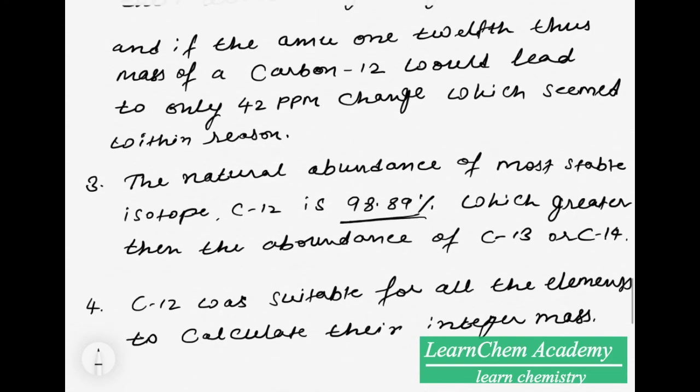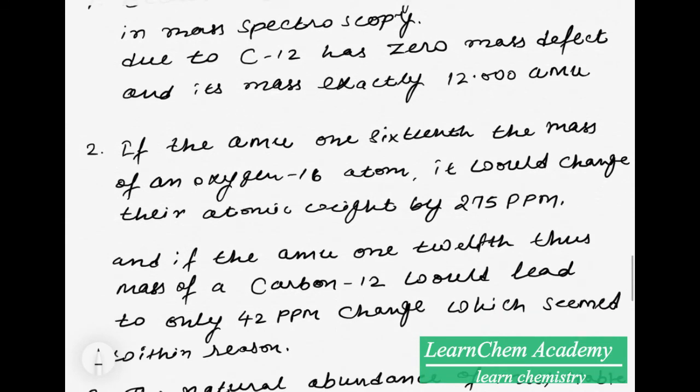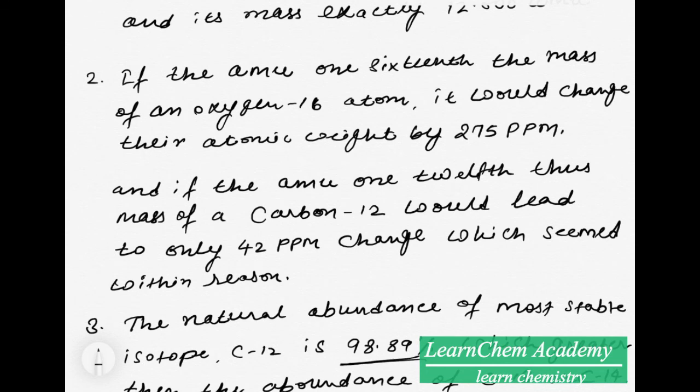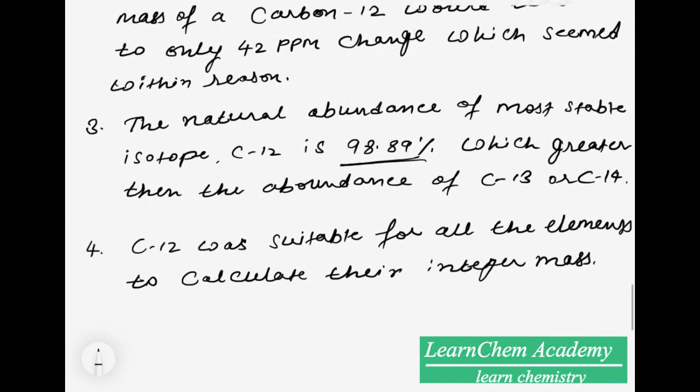So these are the four major points. First, it has zero mass defect. Second, if carbon 12 is used, the change in atomic mass will be less. Third, the natural abundance of carbon 12 is very high compared to its other isotopes. Fourth, C12 is suitable for all the elements to calculate their integer masses.